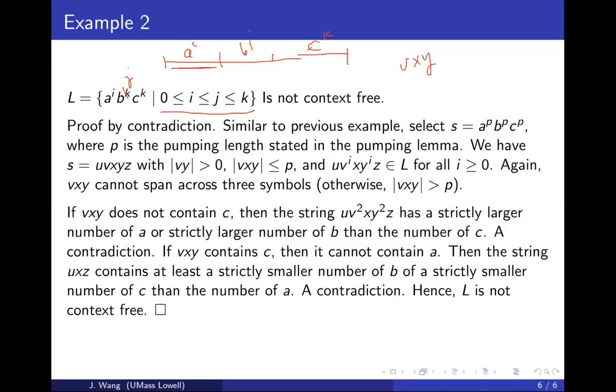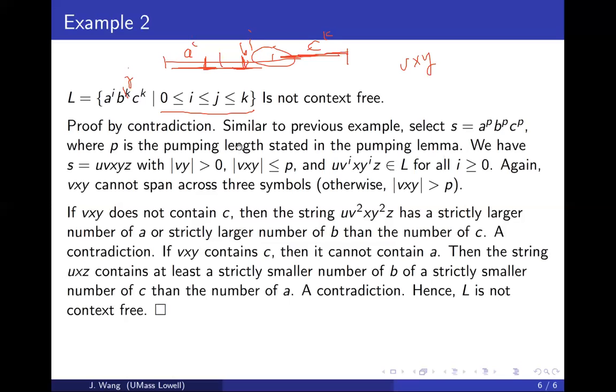Otherwise, if my VXY is here, I can pump it up or down, but I still want to pump it up so that it will have more A's or B's than C's. If my VXY is here, I can pump it down so that I have more A's. That's what we are going to do.